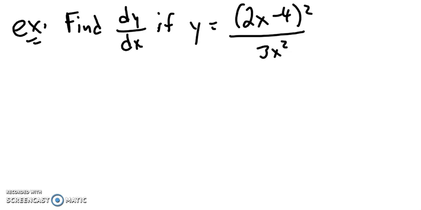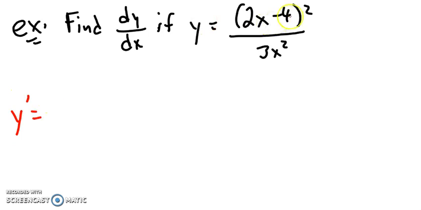Alright, so again we want to find the derivative here. In this case we have quotient rule, and then within our quotient rule, when we take the derivative of the numerator, we'll have to do chain rule.